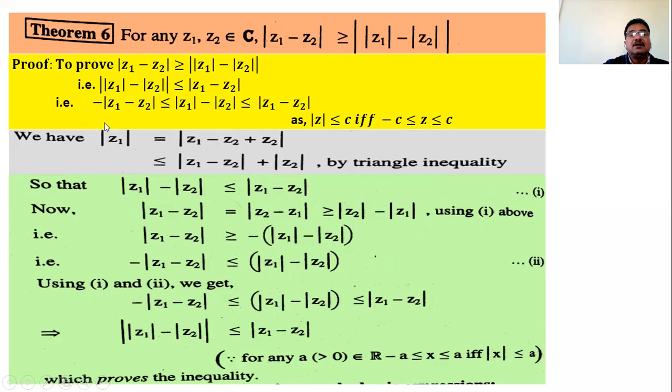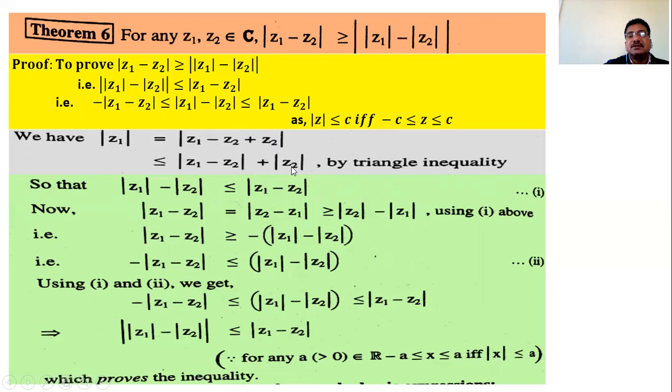So start with mod Z1 equal to mod of Z1 minus Z2 plus Z2, that is, subtract Z2 and add Z2. Consider this as one complex number and this as another. Suppose this is A and this is B. Then mod of A plus B is less than or equal to mod A plus mod B by the triangle inequality.